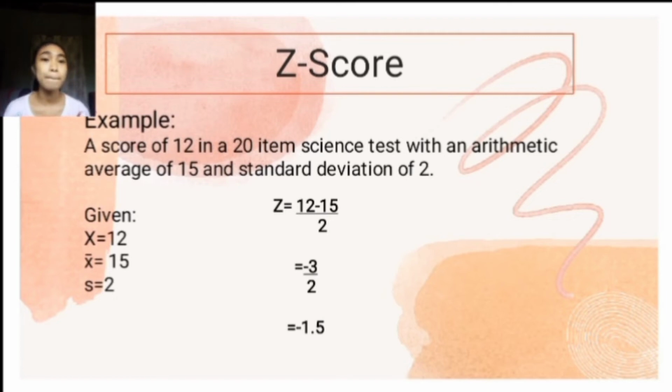We use the formula: Z is equal to the raw score minus the mean, divided by the standard deviation, which is 2. So 12 minus 15 is equal to negative 3. Then divided by 2, we get negative 1.5. Later on, I will discuss how this is connected to the other types.